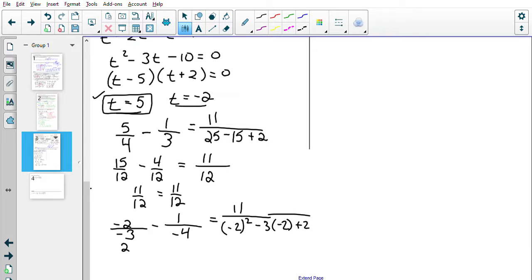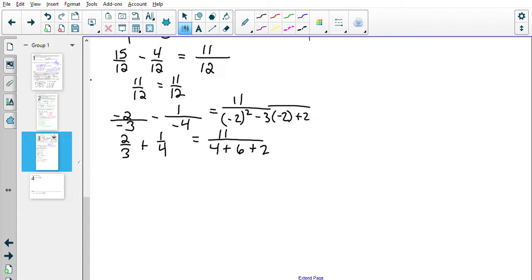So here I got 2/3. The two negatives make a plus a quarter. The other side I get 11 over 4 plus 6 plus 2. Looks like I'm getting a 12 again there. Common denominator of 12 here: 8 over 12 plus 3 over 12 and 11 over 12.